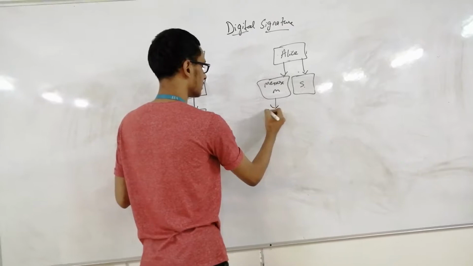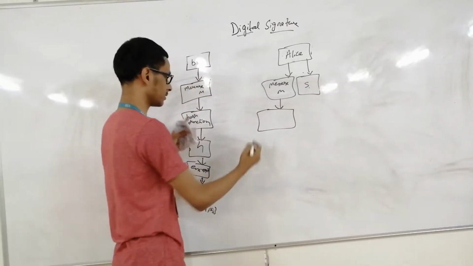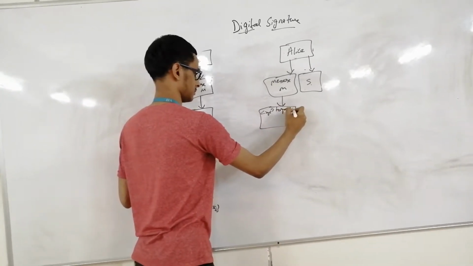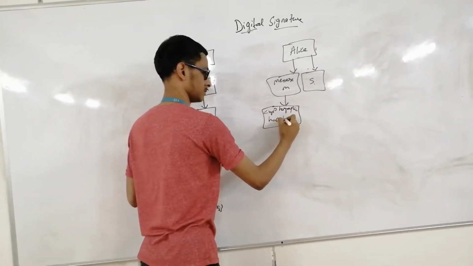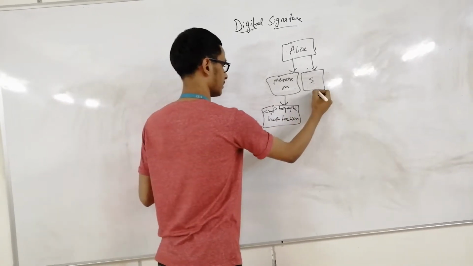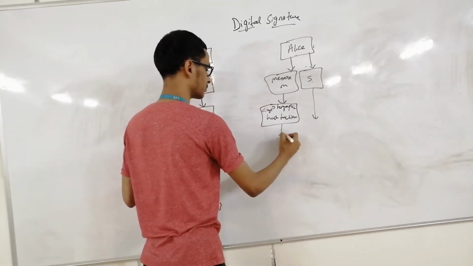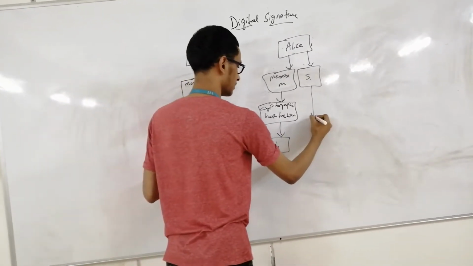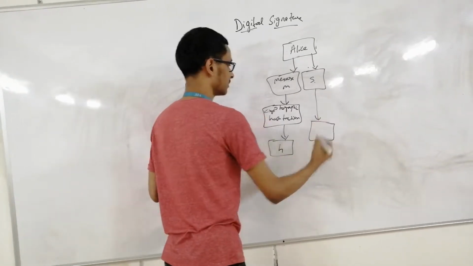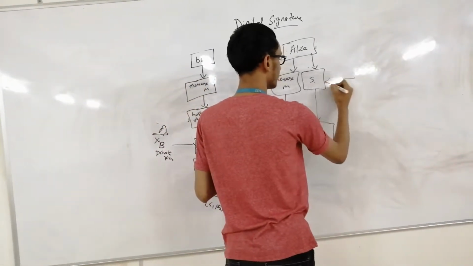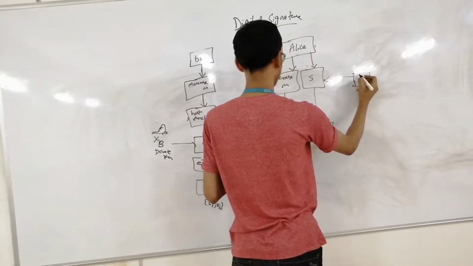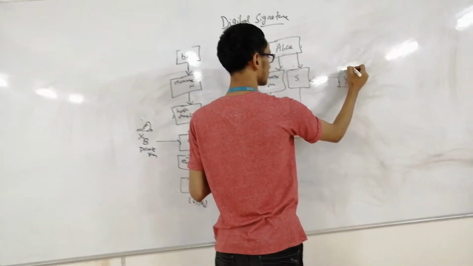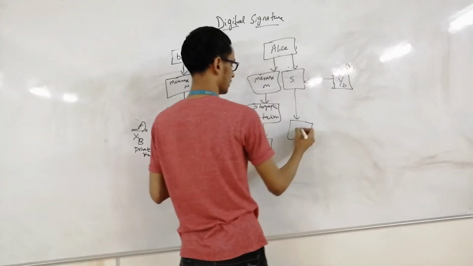There is a cryptographic hash function similar to this. With the help of the cryptographic hash function, the receiver Alice will get H, and with the help of the public key, that is YB of the sender, she'll get H dash.